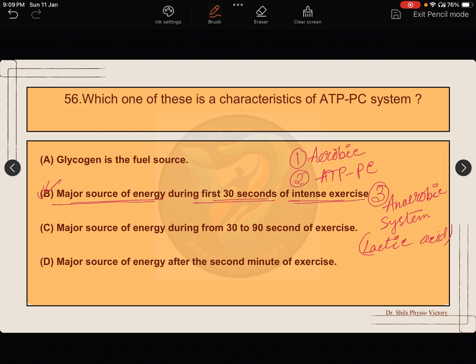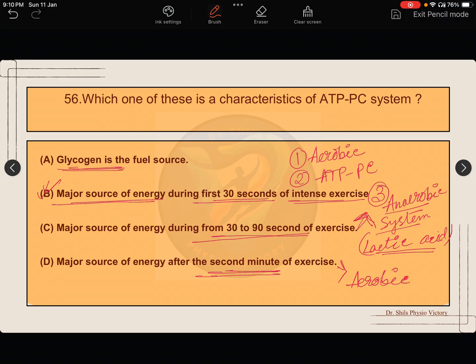So actually, the ATP-PC system is the dominant energy source during the first 30 seconds, like heavy lifting, jumping, and the anaerobic or lactic acid system is from 30 to 90 seconds, and aerobic is after 2 minutes, and in aerobic, glycogen is used as the fuel source.